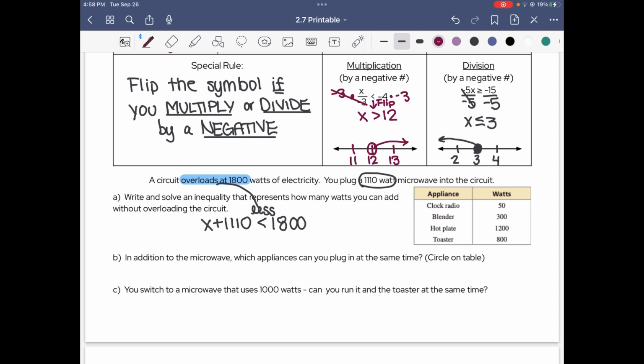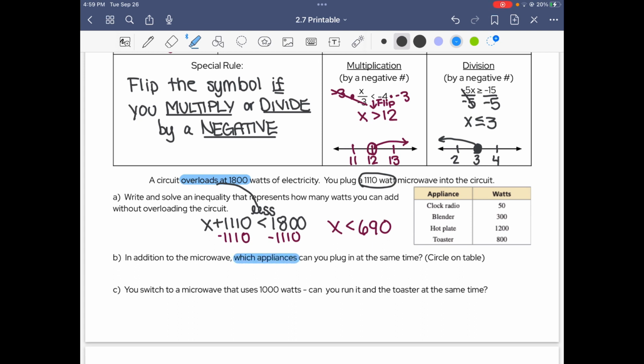Okay, if I wanted to solve this, I would subtract the 1110 to the other side, which gives me x is less than 690. Then the next question is asking us, in addition to the microwave, which appliances can you plug in at the same time?